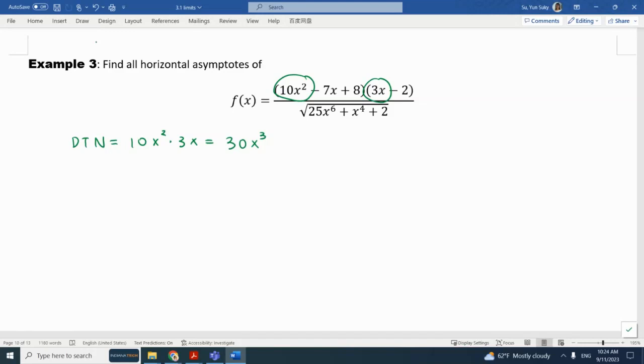Okay, next. Dominant term of the denominator. What is it? 25x to the 6. Is that right?